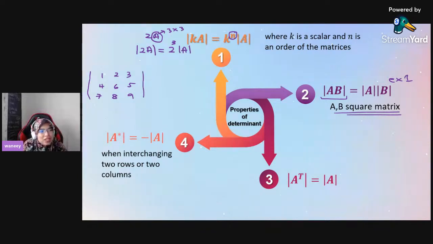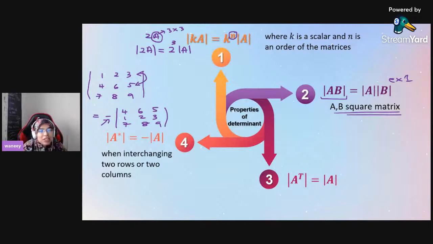So this is equal to the negative of, okay, so if let's say I interchange first row and second row, so this is 4, 6, 5, 1, 2, 3, 7, 9. So if I interchange between the rows, I have to write down the negative. So kalau ada interchanging row, kita akan ambil negatif.